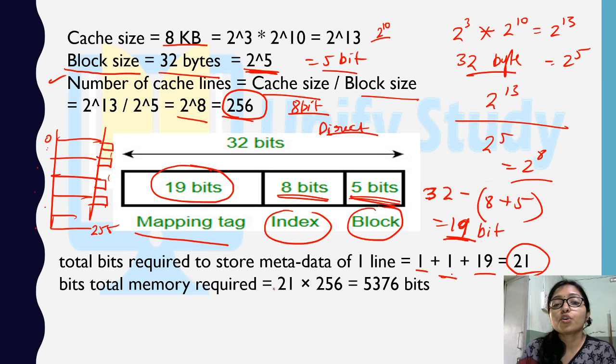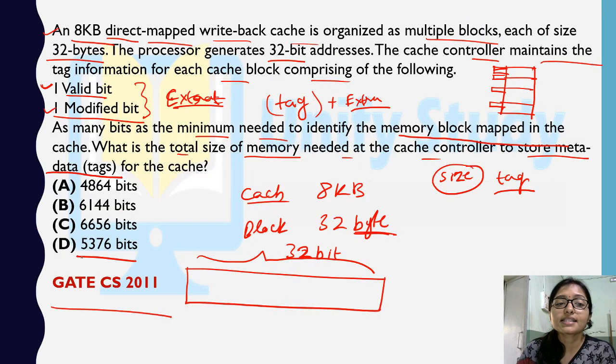So 21 bits for each tag entry, and the number of cache lines is 0 to 255, that is 256 lines. Each requires 21 bit. So 21 into 256 is 5376 bit. So the answer is 5376. This is the correct answer for this question.